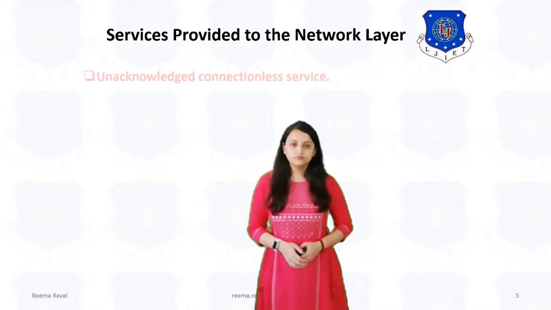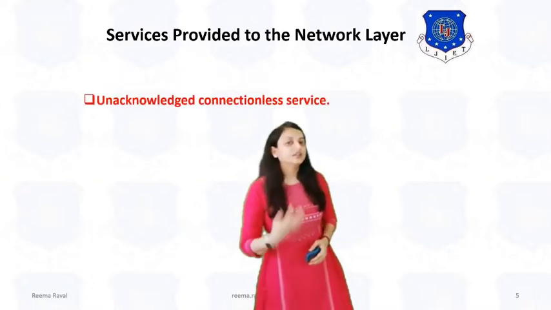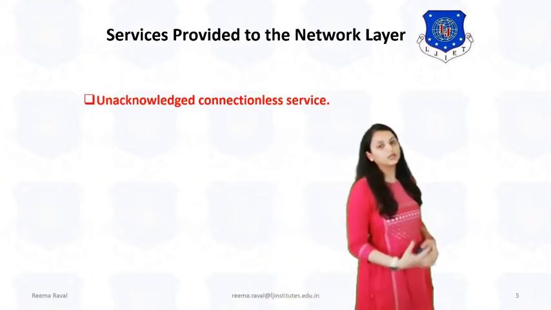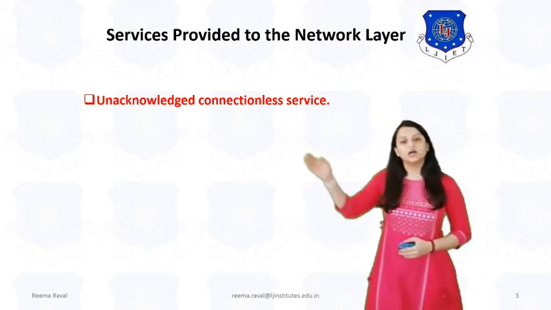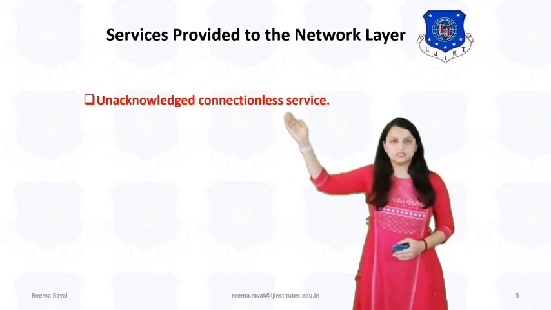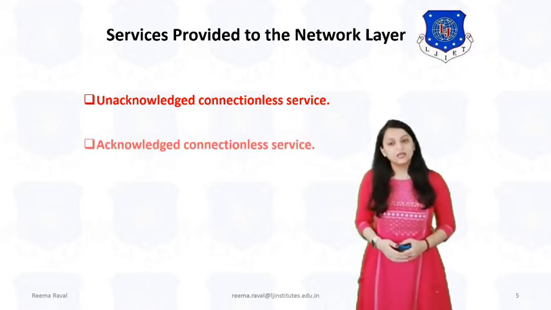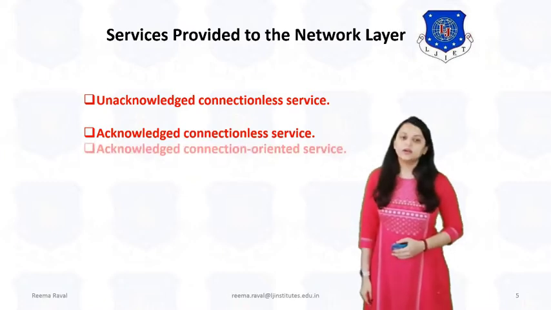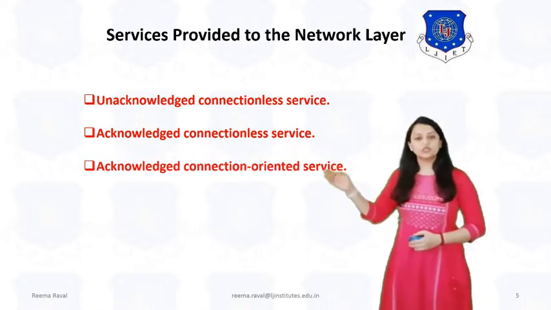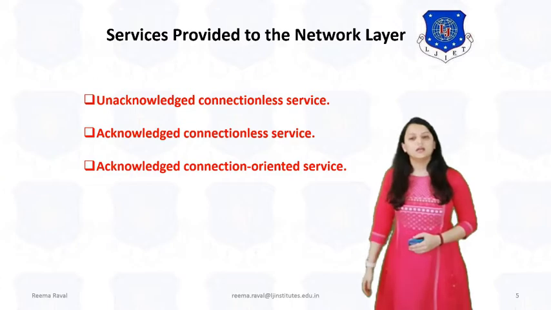Now, let us see the different types of services provided to the network layer and their classifications. The first one is unacknowledged connectionless service. The second one is acknowledged connectionless service. The third one is acknowledged connection-oriented service.